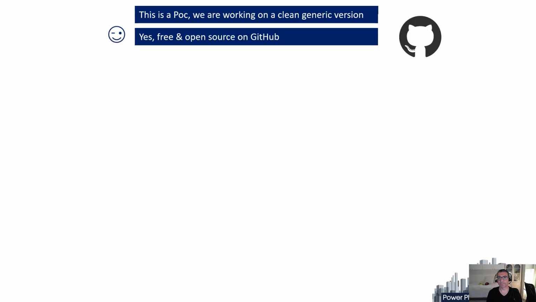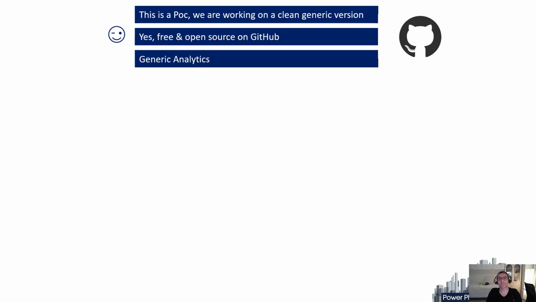But I want first to make that cleaner, right? So I'm going to work on a clean generic version. And I want to share the pattern. I want to share the code. You can use it if you want. If you want to reuse the idea, just the idea, well, do it. I would be more than happy to share it, right? So in GitHub, of course.